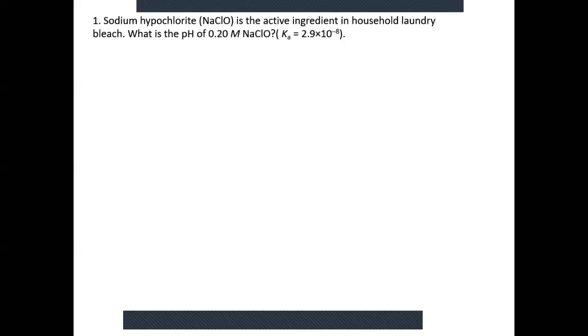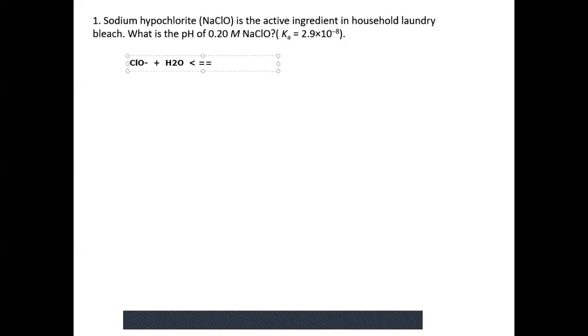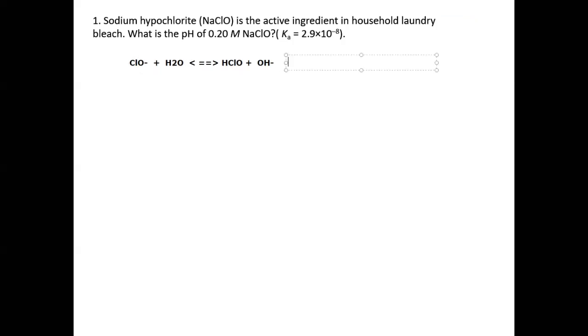So what we have here, we have hypochlorite, and we'll learn next lecture why sodium doesn't affect pH. And this is the dissociation. This equals Kb. Now what we have is Ka. So define Kb.